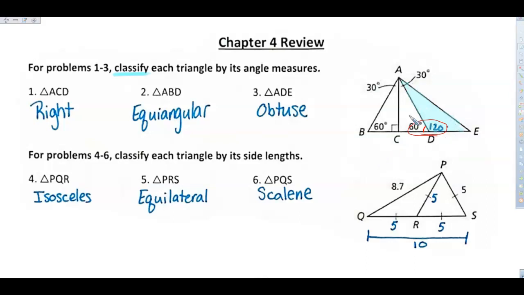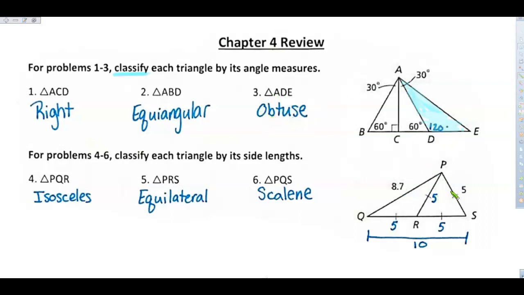So if these add to 180, I know that this angle right here is going to be 120 degrees because 180 minus 60 is 120. I don't need to know what these two angle measures are. I know that 120 degrees is obtuse, so I have an obtuse triangle. All right.